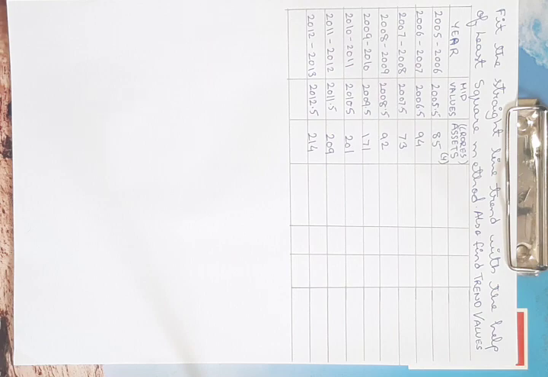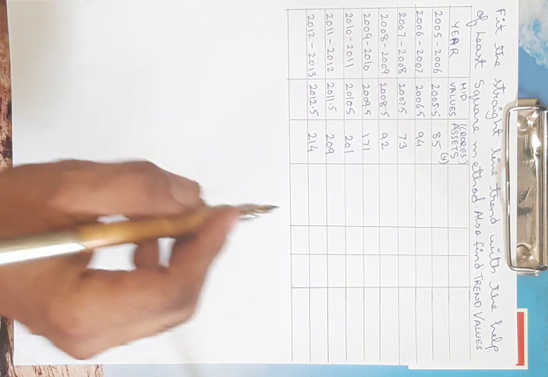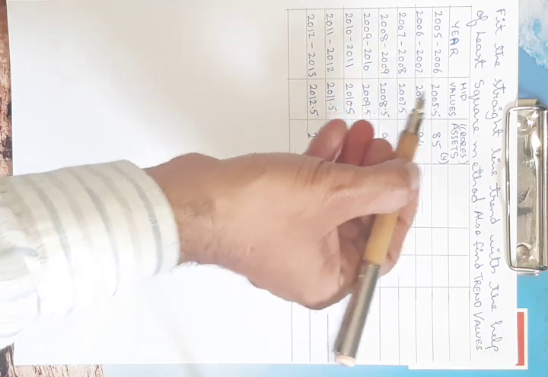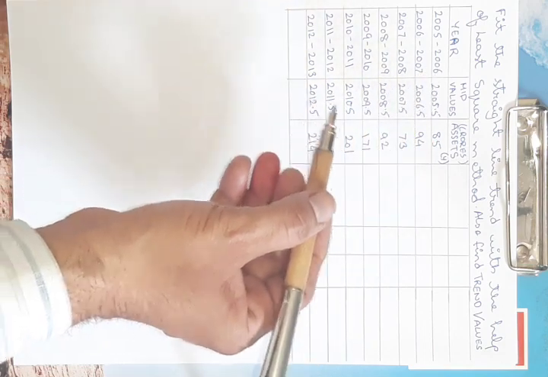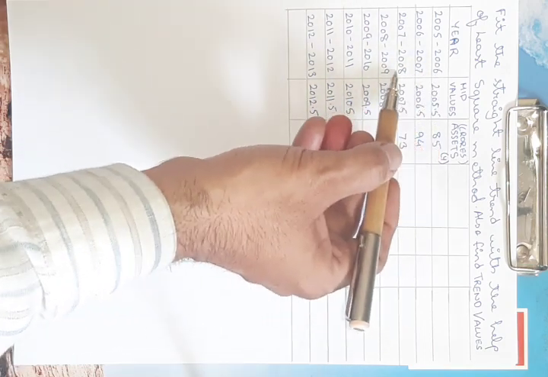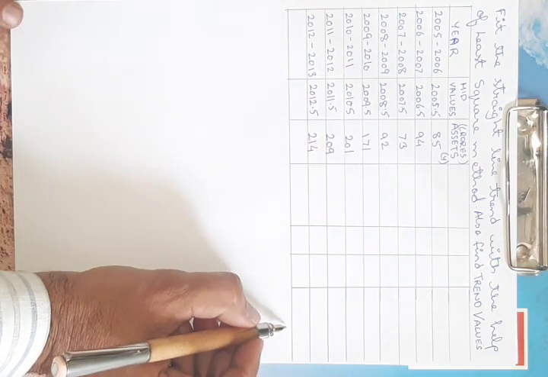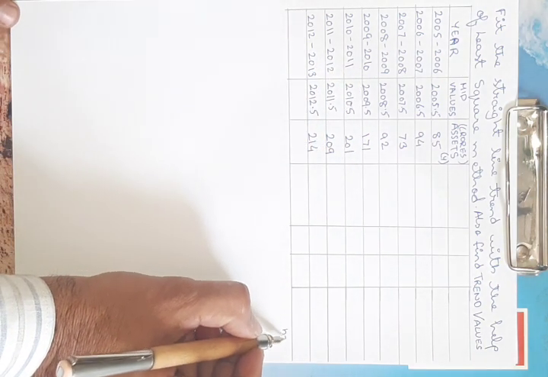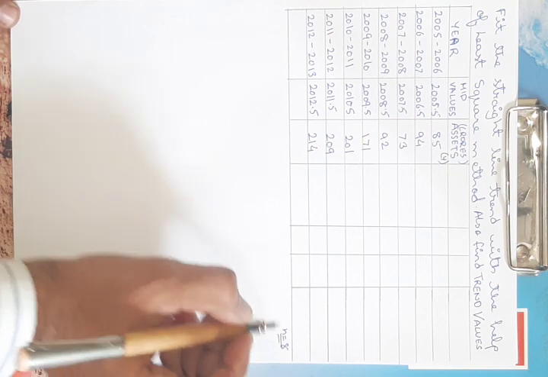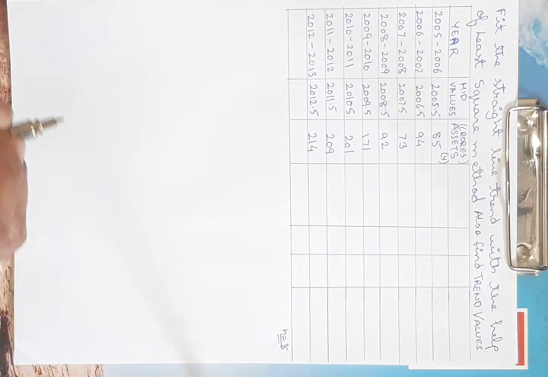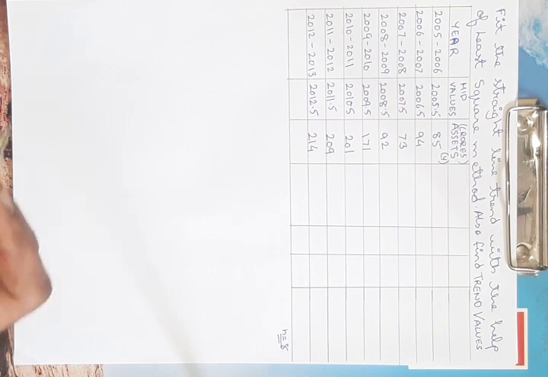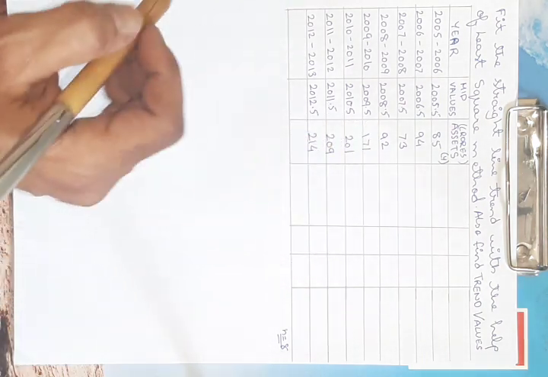Now the total number of observations is 1, 2, 3, 4, 5, 6, 7, 8. So the value of n is equal to 8, which is an even number. So we need to take the mid value of the years.